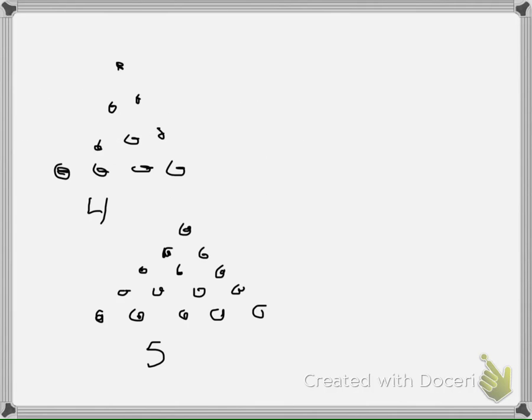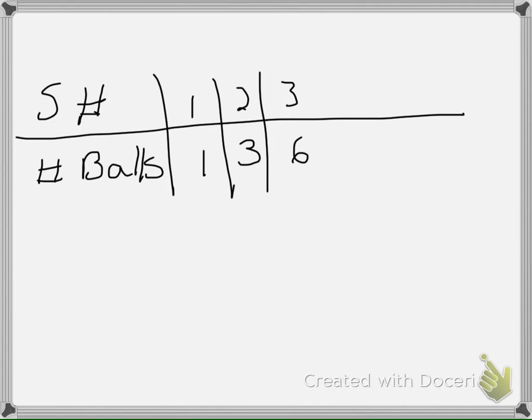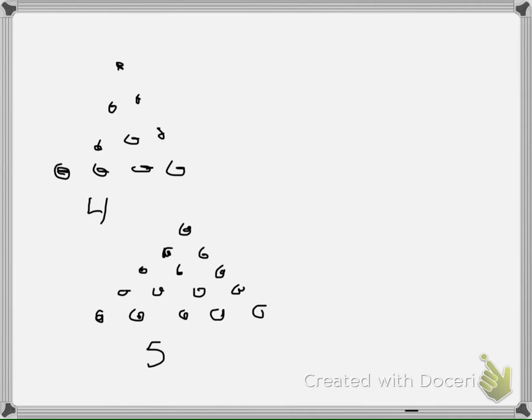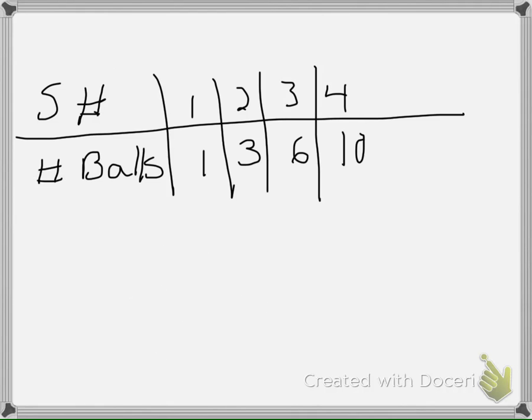Alright, so let's look at 4 real fast. So 4 goes 4 plus 3, which is 7, 8, 9, 10. So 4, 10. And let's look at 5. 5 plus 4 is 9, 10, 11, 12, 13, 14, 15.